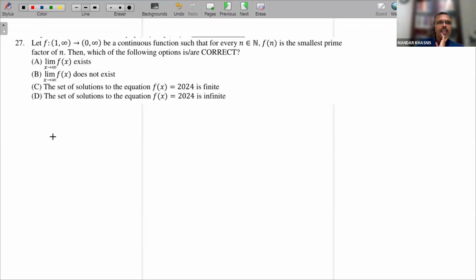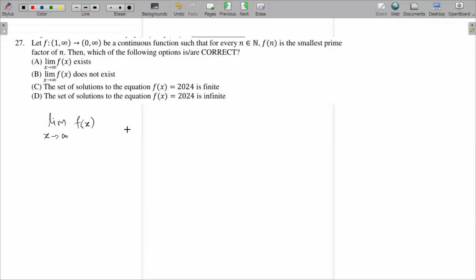Shruti is saying A and D. Okay, the limit will exist. Fine. So what will be the limit? Any answer, Shruti? The limit as x tends to infinity of f(x). B and D is the answer.